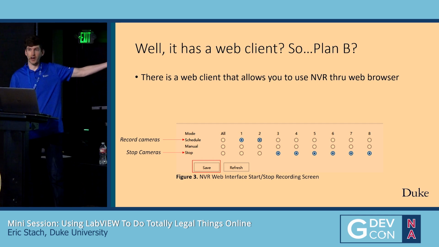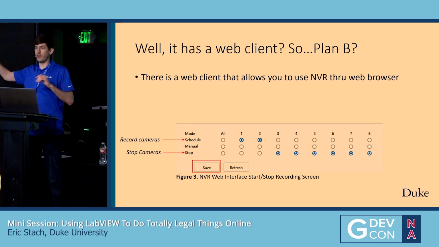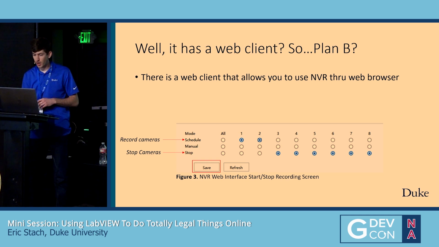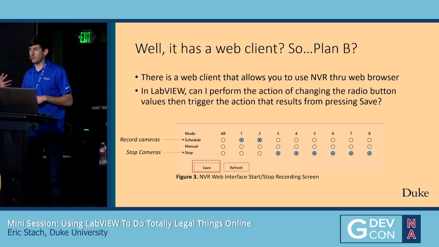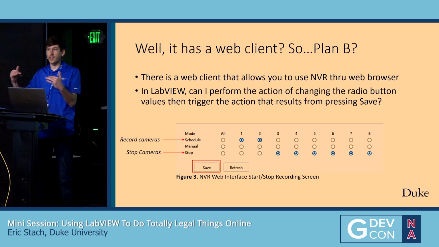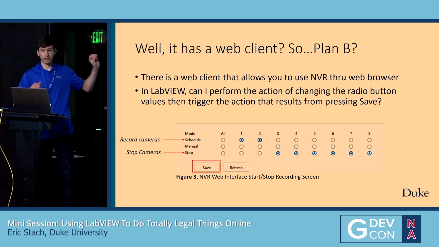So you just change the radio button position, hit the save button, and that triggers some action within the NVR that starts the recording. What I wanted to do was see if, through LabVIEW, I could perform the action of changing the radio button position and then triggering the action that results from pressing save.